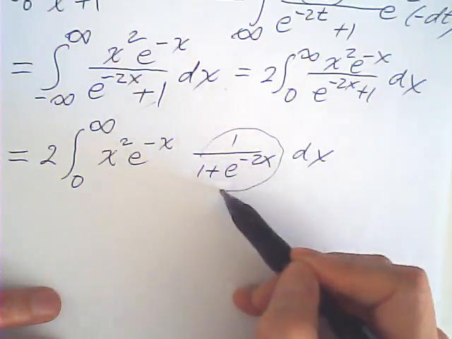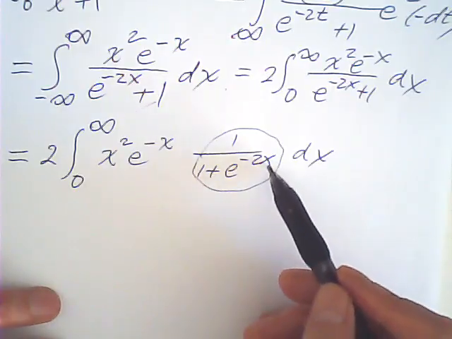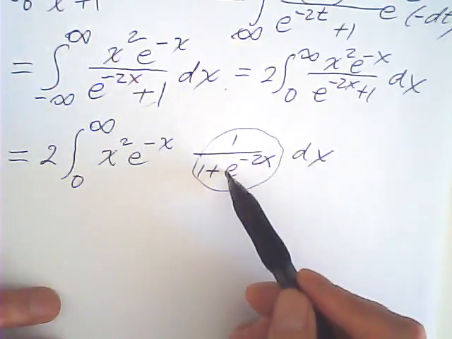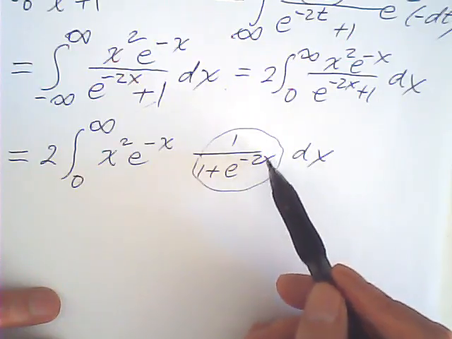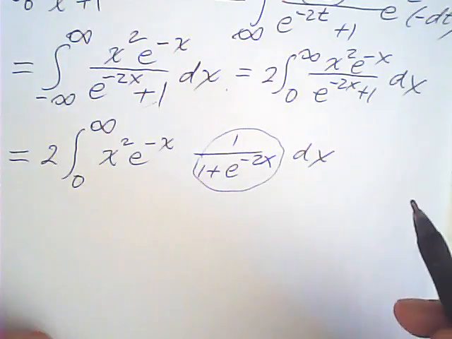And this one, I can use the power series again because x is between 0 and infinity. Therefore, e to the negative 2x must be less than 1, positive.